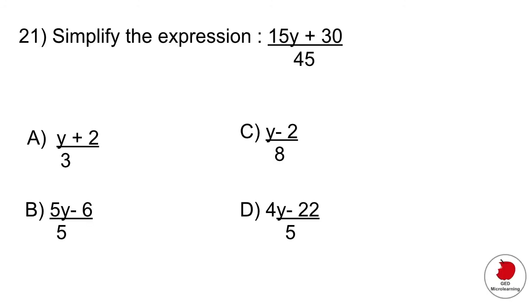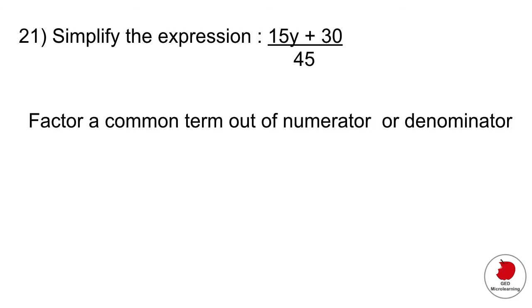All right, question 21 asks you to simplify this expression. And whenever you have an expression like that, to simplify, what you have to remember is that you have to find a common term either out of the numerator or the denominator, or both. So in this case, the common term would be 15.